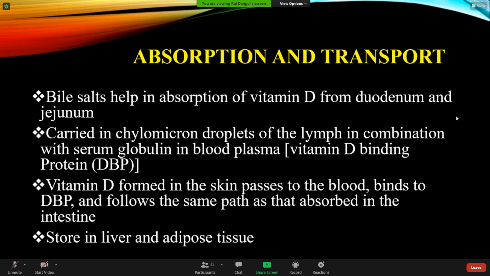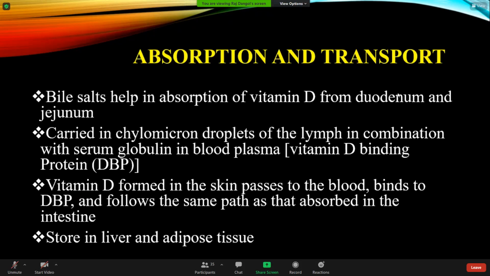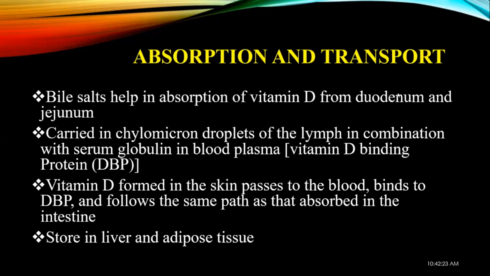When it reaches the small intestine, a specific enzyme hydrolyzes this vitamin D into free vitamin D and free fatty acids. Along with the partially hydrolyzed fats, vitamin D is absorbed from the duodenum and jejunum.